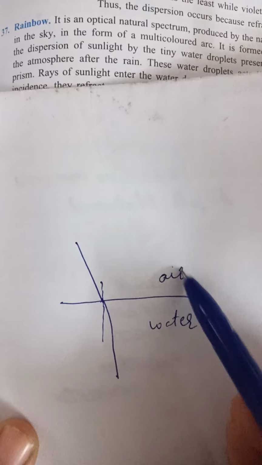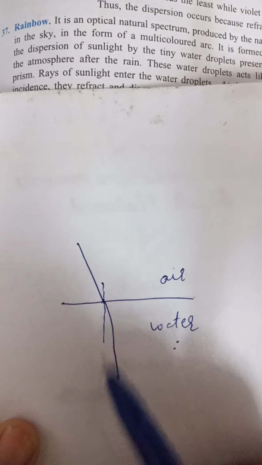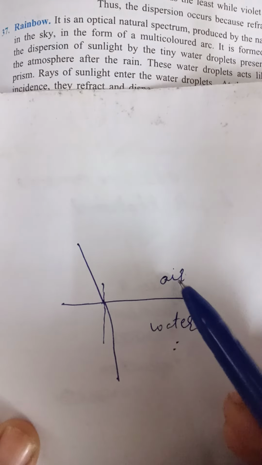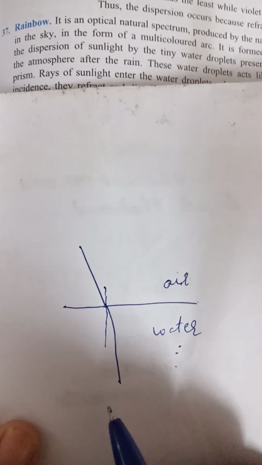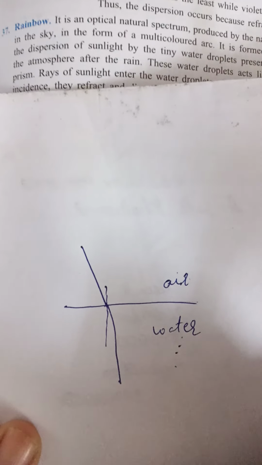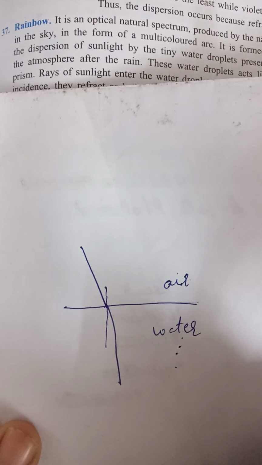So when the medium changes there is a bending of light. If it is from the rarer medium to the denser medium, it will bend towards the normal, and if it is from the denser to the rarer, it will bend away from the normal.